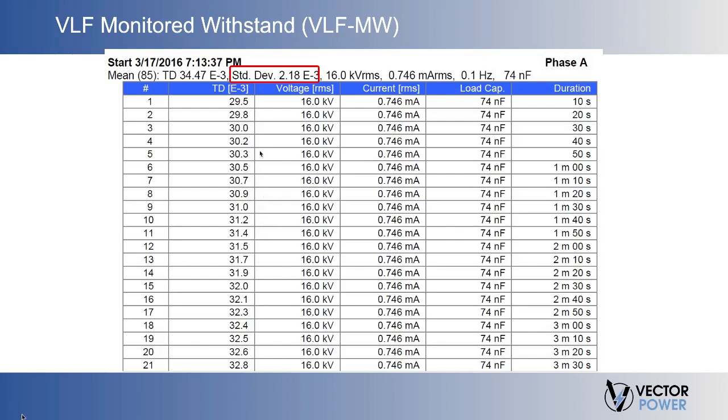In essence, we are watching the growth of a defect. Stopping the test at this point, we would be putting the cable back into service in a weaker condition.